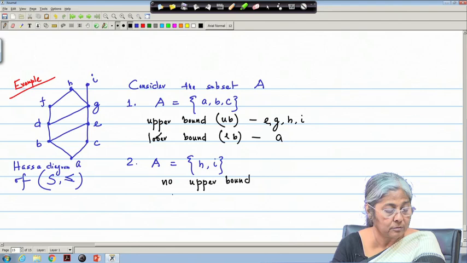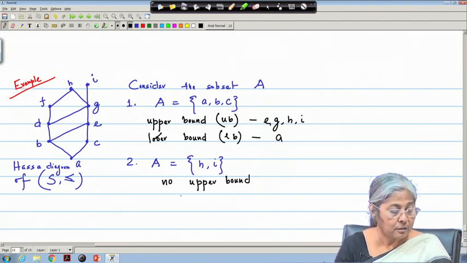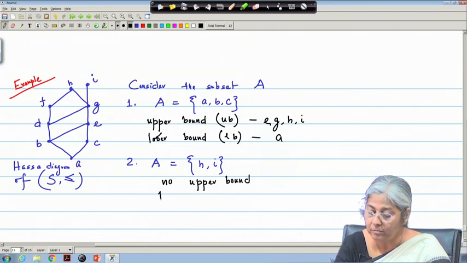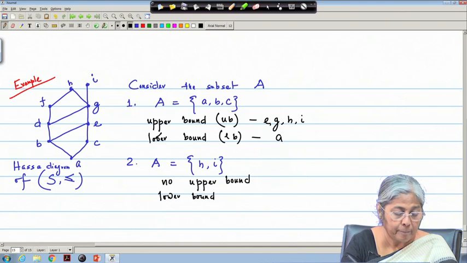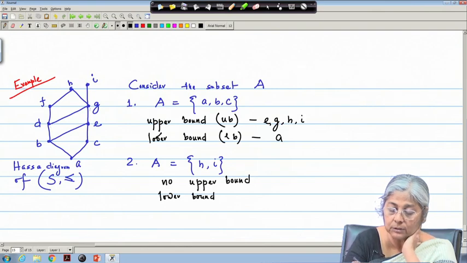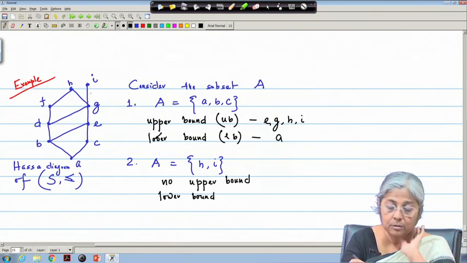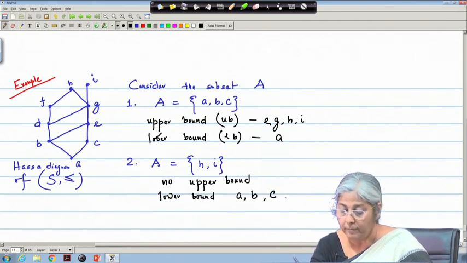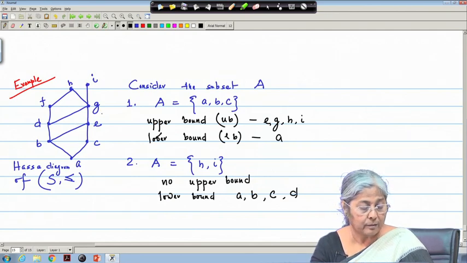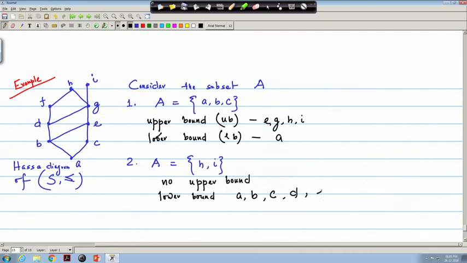But there are lower bounds. Since it is H, I, the lower bounds are A, B, C, D, E and G. All of these are lower bounds.